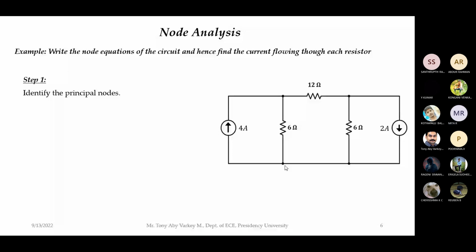Two, sir. Not two, right? Is this a principal node where I am moving the mouse? This node, is it a principal node or not? Yes, it is. This one?